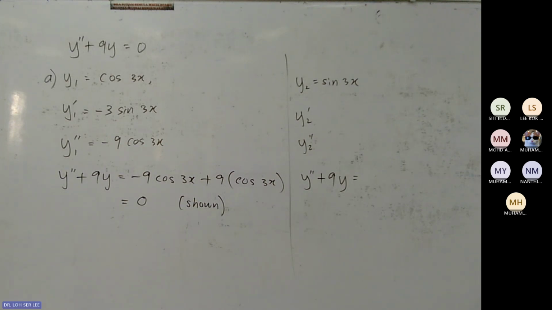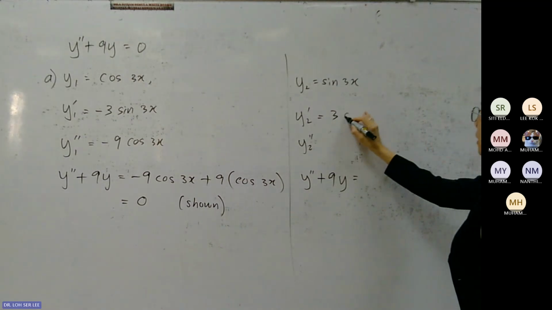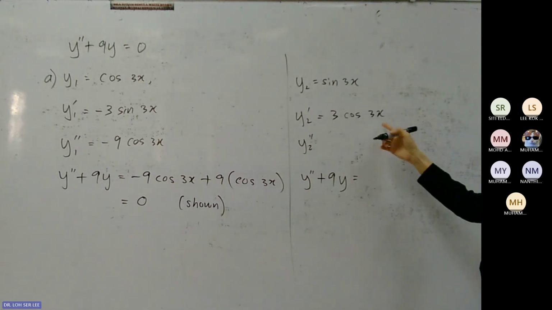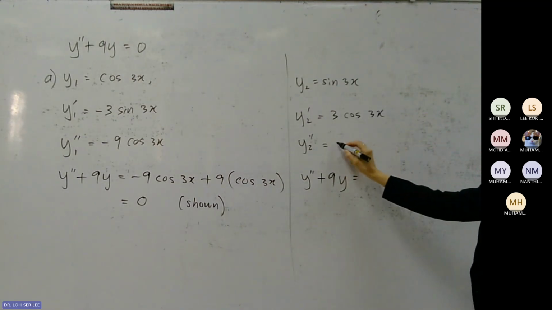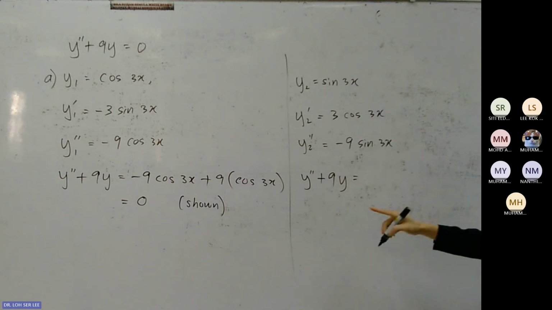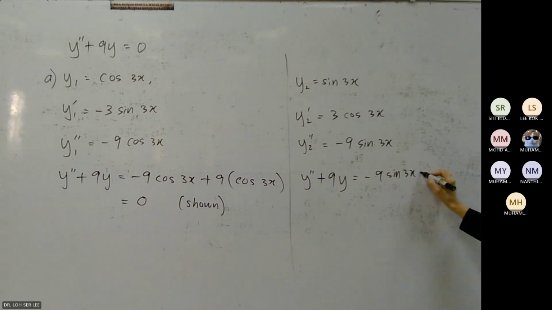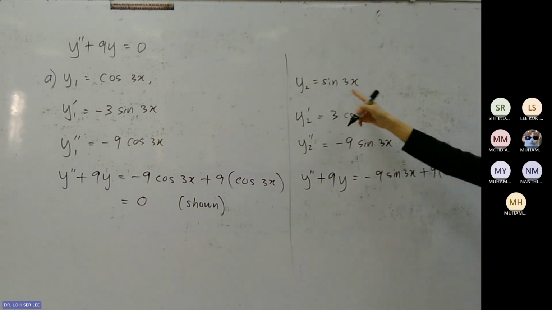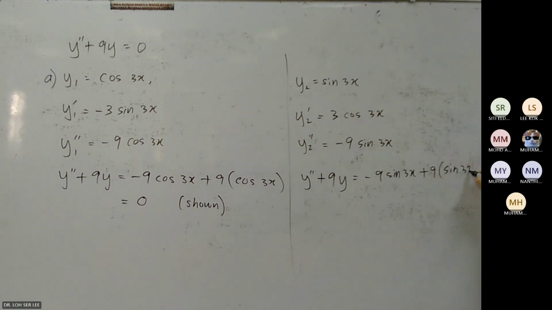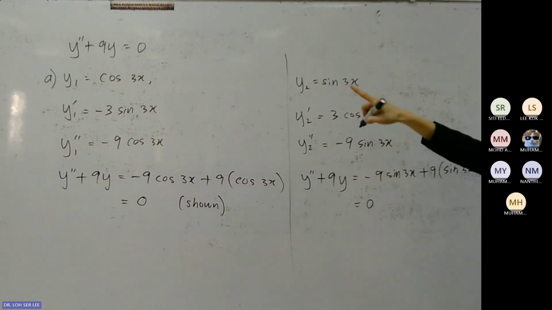So differentiate sin 3x, we get 3 cos 3x. Differentiate once again, negative 9 sin 3x. Okay, y double prime plus 9y is sin 3x... so you get 0, which is the same as the right-hand side.